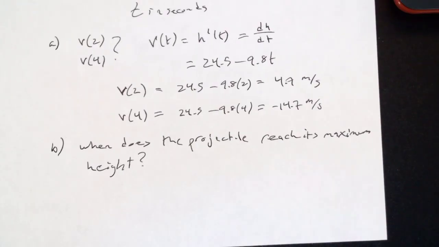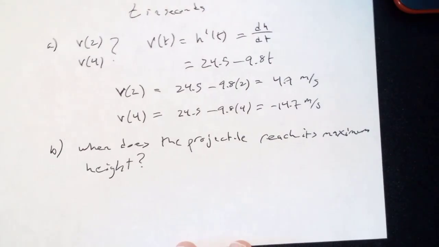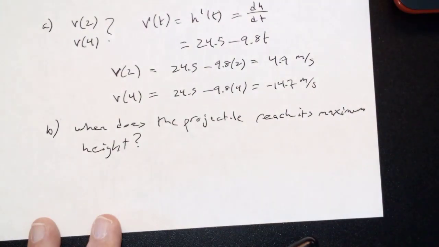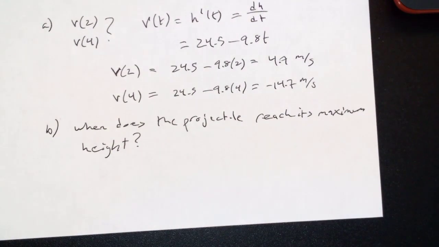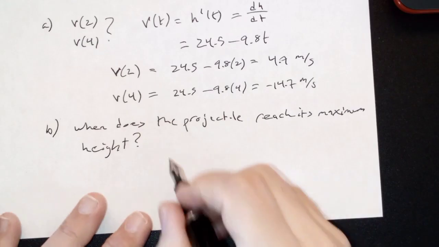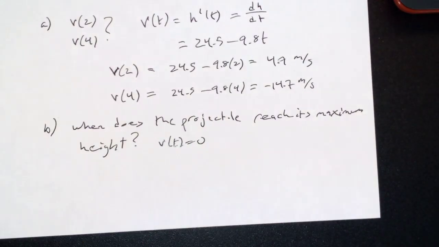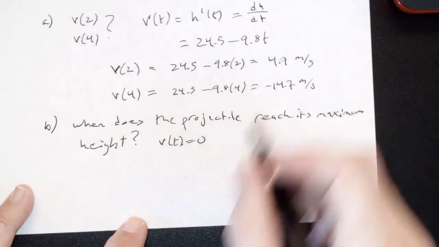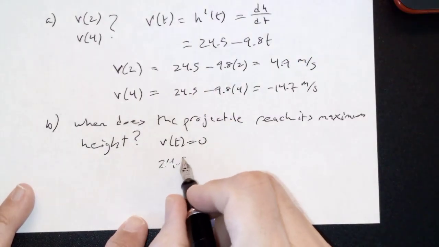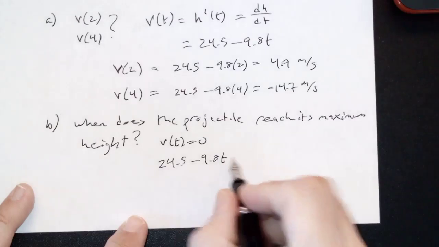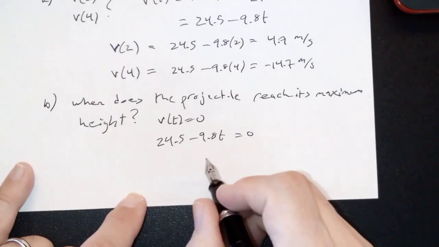Let's start with the first one. When do we hit our maximum height? Whenever my velocity is 0. That's where we stopped. Okay, so I want v of t to be equal to 0. All right, well, there's my equation for v of t right there. Move it over.